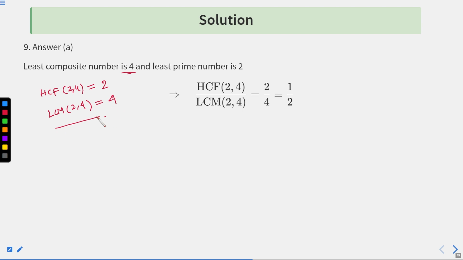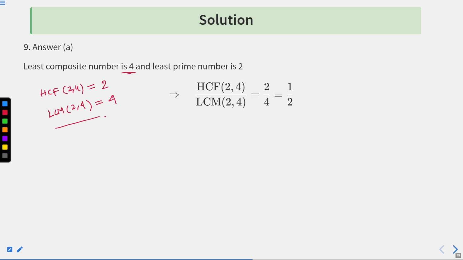So HCF of 2 and 4 is 2, and LCM of 2 and 4 is 4. For finding the ratio, we take HCF of 2 comma 4 divided by LCM of 2 comma 4, which is 2 over 4, and this is equal to 1 by 2.